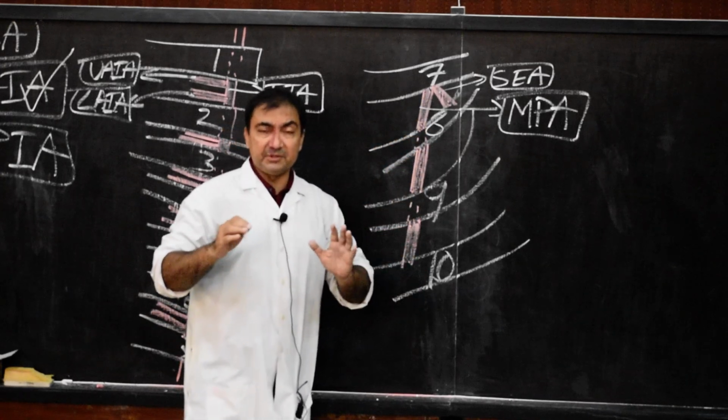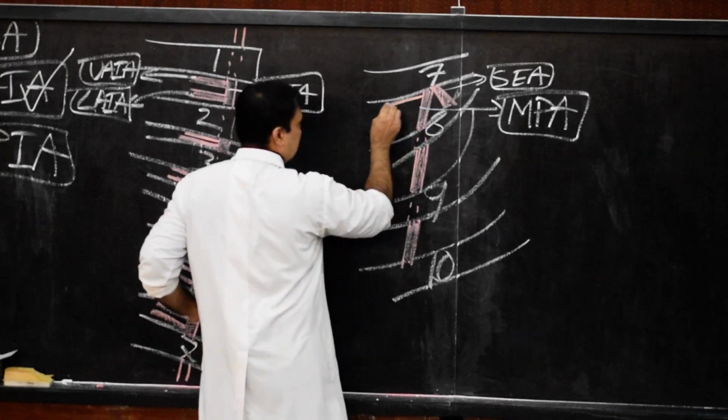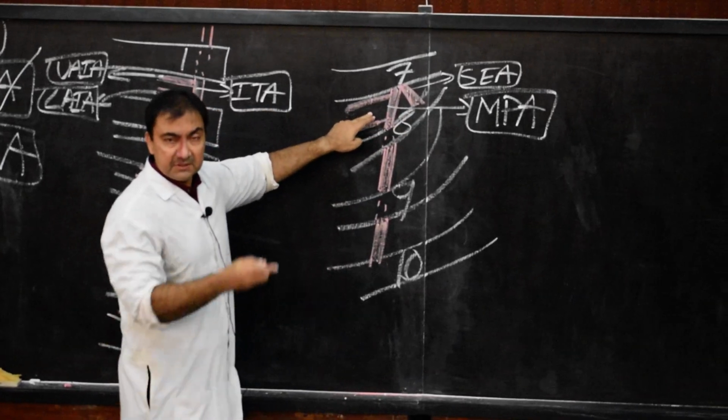This is asked in MCQs or in 1 mark questions. Here we are going to draw the lower 3 spaces. So these are the 2 anterior intercostal arteries of which intercostal space?